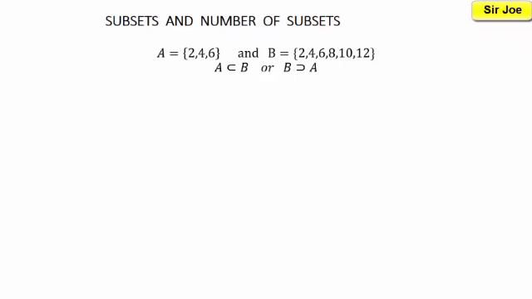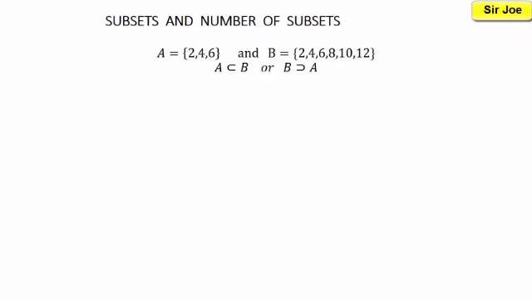If we check the elements in A, they are all in B. Is that not true? Yeah. All the elements in A can be found in B. So that's why we say A is a subset of B. But somebody too can say the elements in B are in A. But be mindful, the word there is all. Are all the elements in B in A?